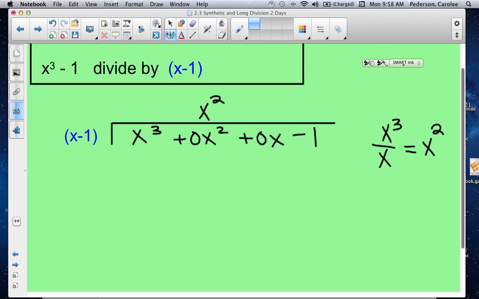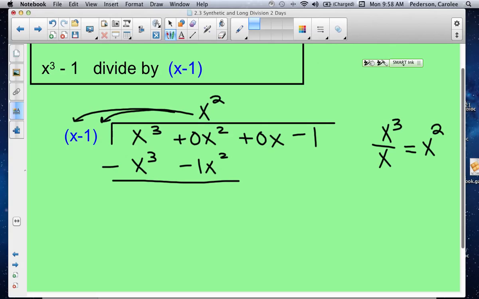Did you multiply x squared times negative 1? You want to put it underneath, and that's why it's important to have that placeholder. And then x squared times x is x cubed. Now change the signs. Minus, plus. x cubed minus x cubed is 0. 0x squared plus 1x squared is 1x squared.